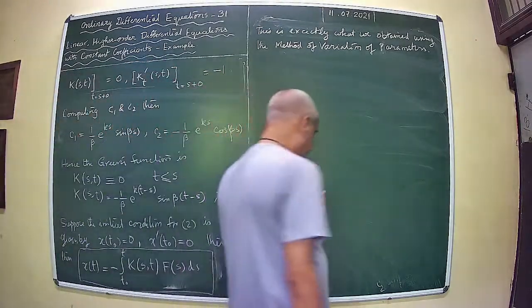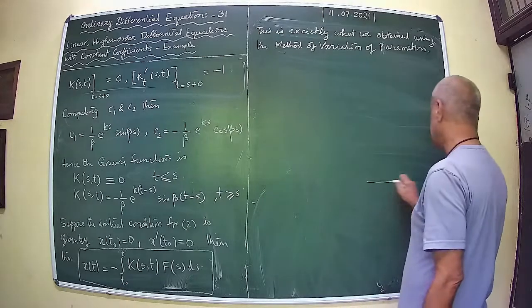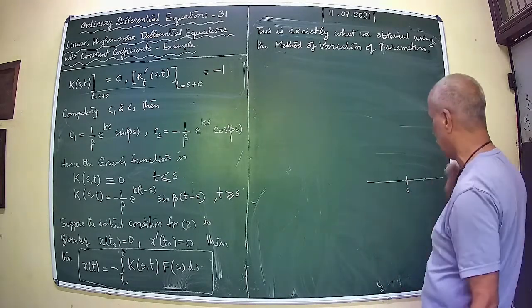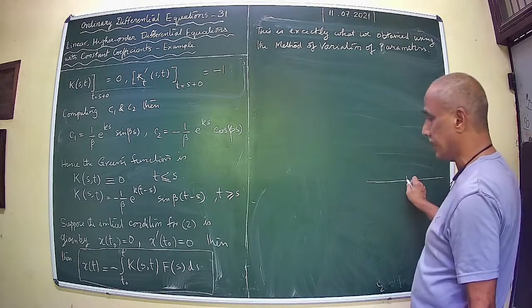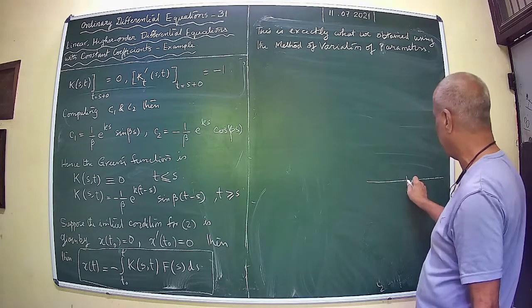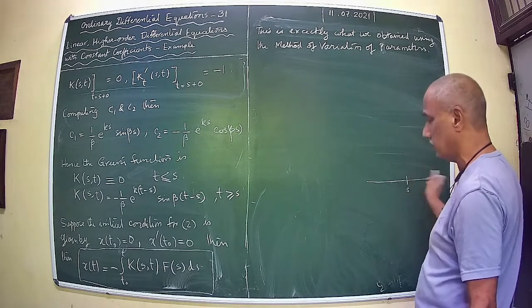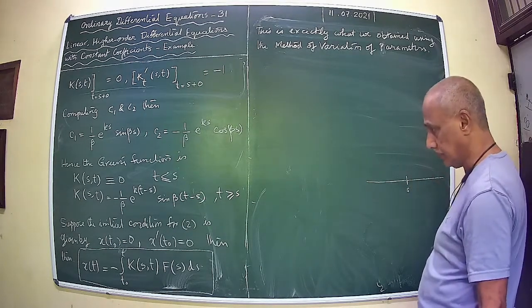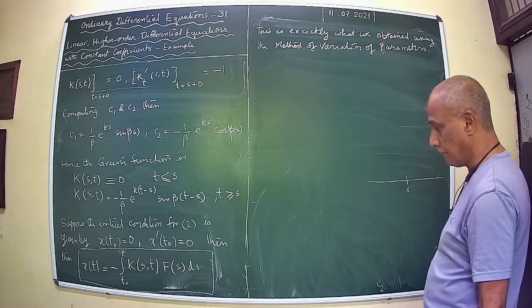So what is happening is this. In the Green's function, up to time t equal to s, everything is quiet. At that stage, there is a disturbance. And what is the consequence on the system for that disturbance? That's what we take.